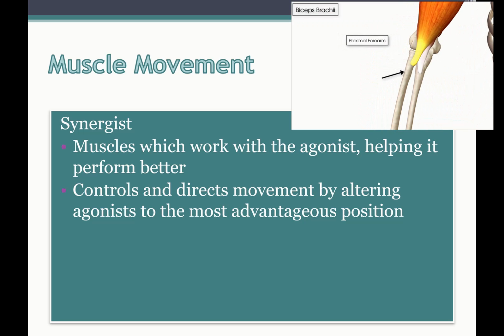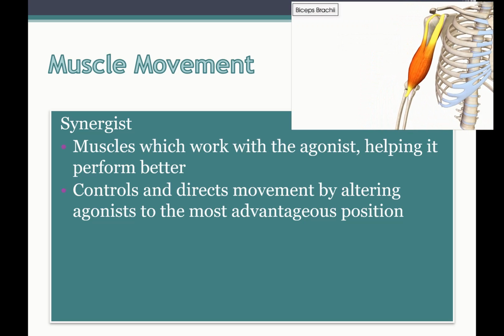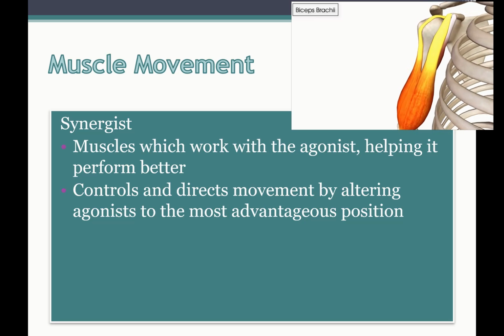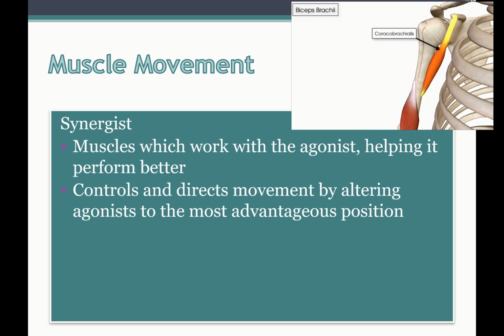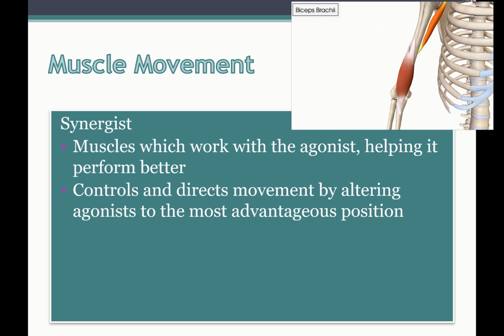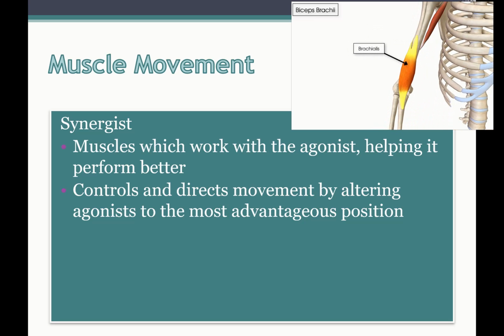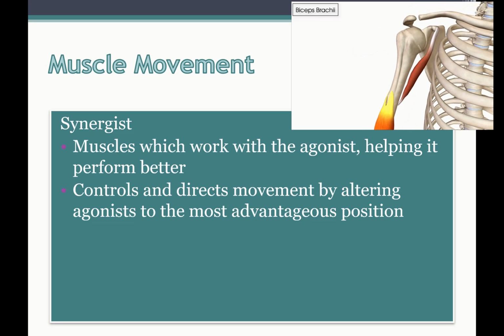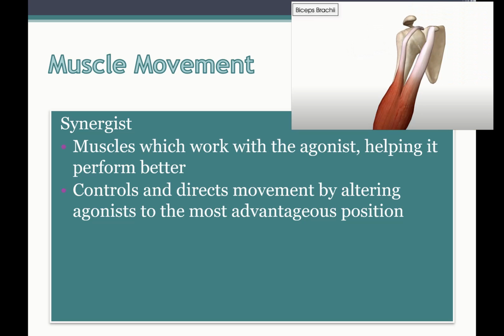Okay, so if we take, for example, the bicep curl, the example we were using earlier, and the agonist is the bicep brachii, the antagonist is the tricep brachii, the synergist is in fact the brachialis. Now, this is a muscle which sits underneath the bicep brachii, and this is the synergist during that bicep curl. This is because it's helping the bicep brachii to fulfill its movement.